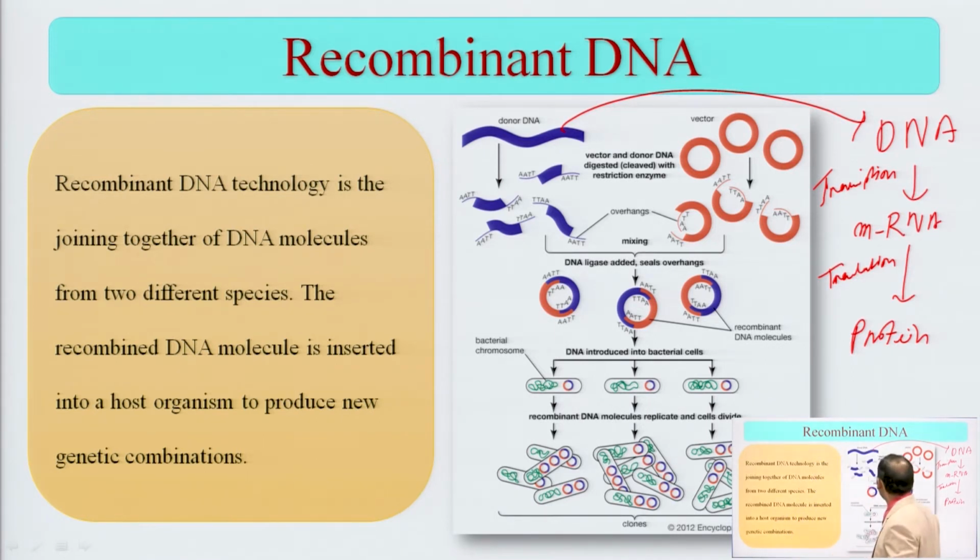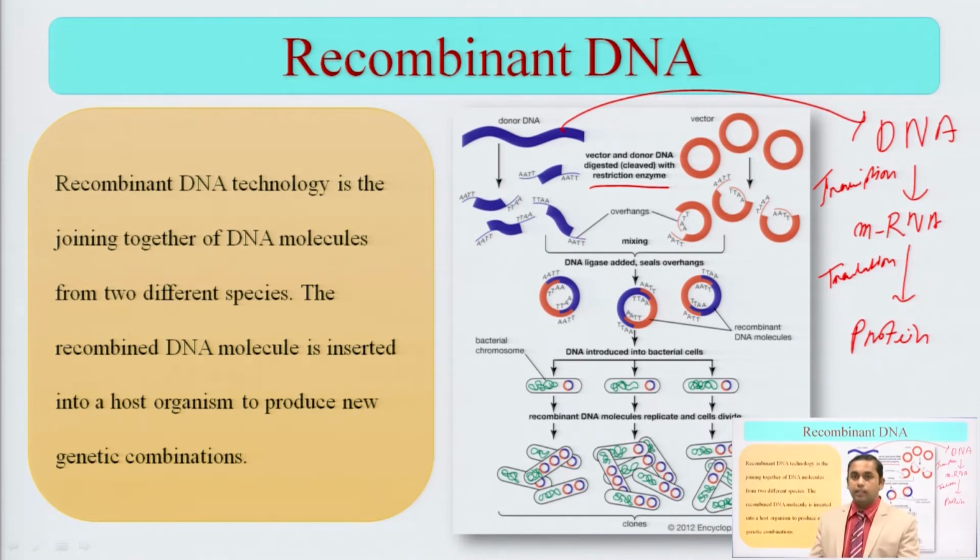So, what will we do? The vector and donor DNA will be cleaved using a restriction enzyme. In my previous lecture, I told you what a restriction enzyme is. A big number of restriction enzymes are available, near about 3600, and out of those, about 800 we use very frequently.